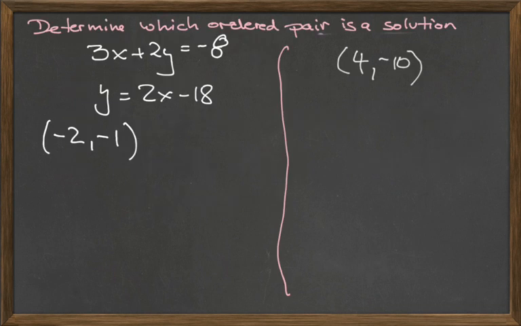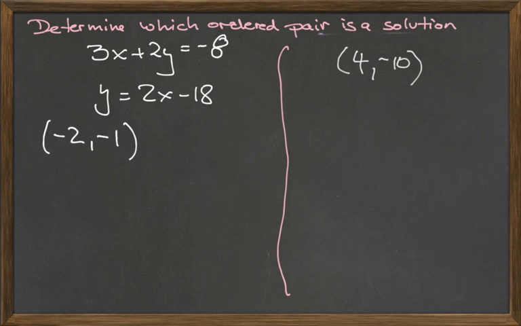But before we actually go, there's always a couple problems in the book where they give you a system of equations. So here you have two equations, 3x plus 2y equals -8, and y equals 2x minus 18. And the question is, determine if this ordered pair is a solution to this system of linear equations.